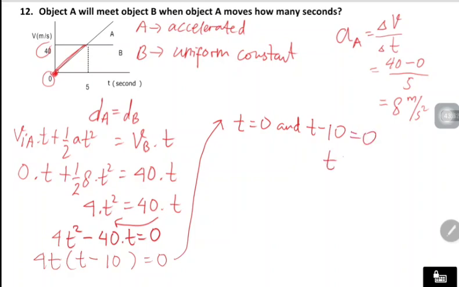The t of 0 seconds is the start, so the two objects will meet each other after 10 seconds of movement.